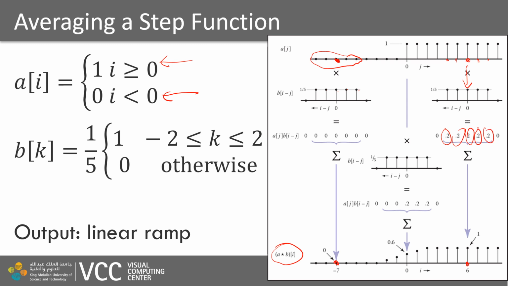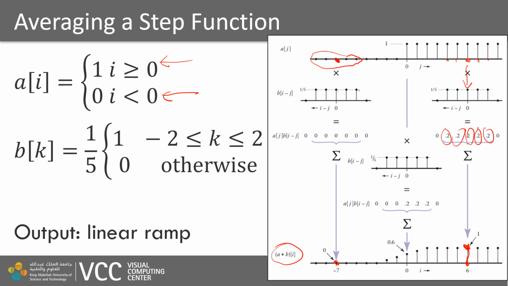So if we sum up the 0.2s, then we end up with 1. So here our filtering has not really changed the values, because the neighborhood is constant in this area of the function. Let's have a look at i equals 0.